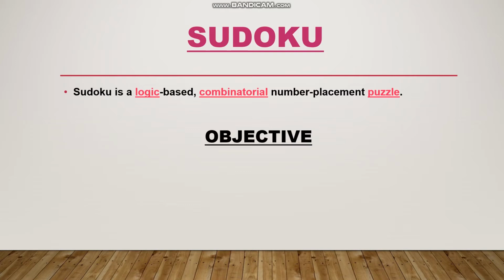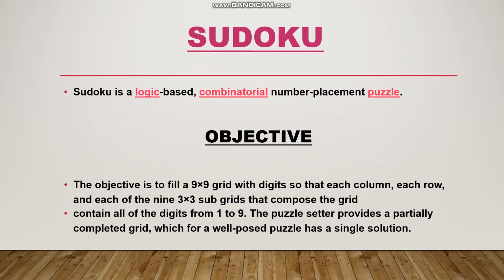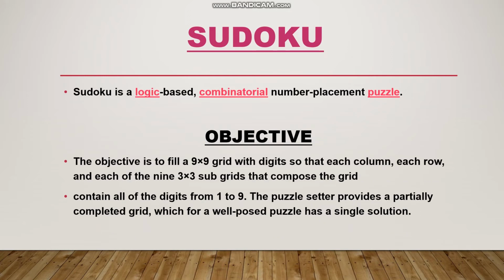The objective of Sudoku is to fill the 9 by 9 grid with digits so that each column, each row, and each of the subgrids that compose the grid contains the digits from 1 to 9. The puzzle setter partially completes the grid, which forms a well-posed puzzle with a single solution only.